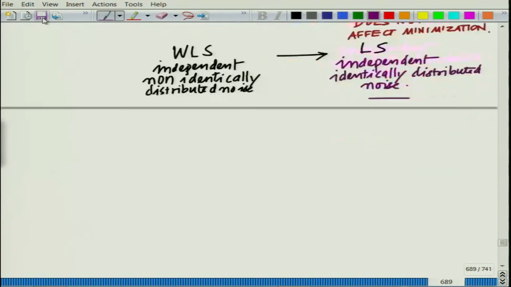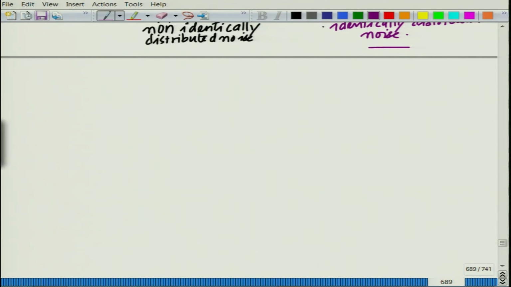Therefore, now in this case you can write what is the estimate. Now we know what is the least square, now we know what is the weighted least square solution.